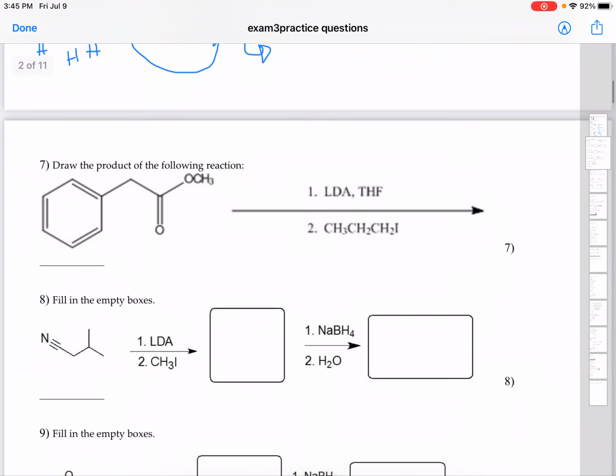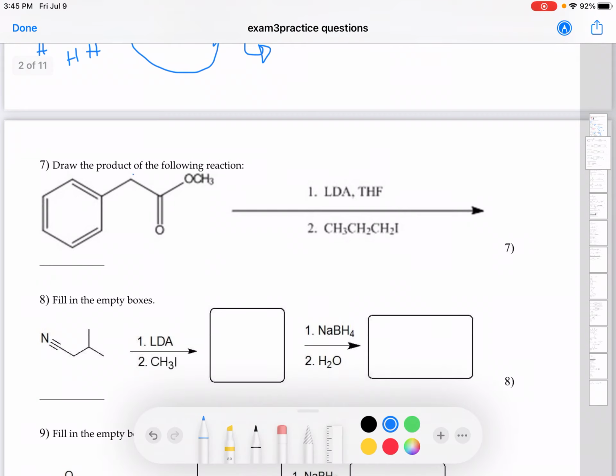And then the next one, again similar to that, right? Same thing, same reaction. So you will be losing the hydrogen. There are 2 hydrogens. You will lose 1 hydrogen, LDA base, and then it would react with this guy, right?